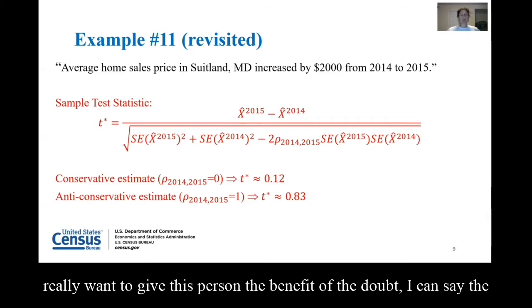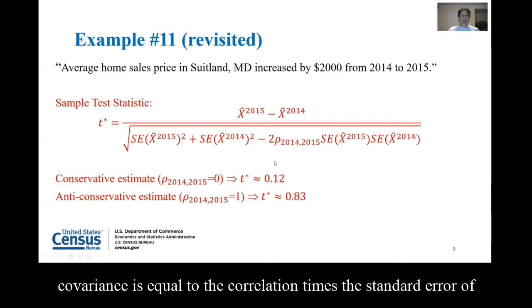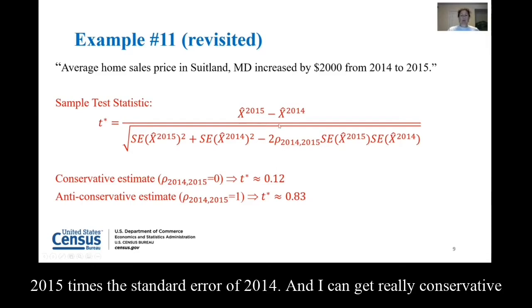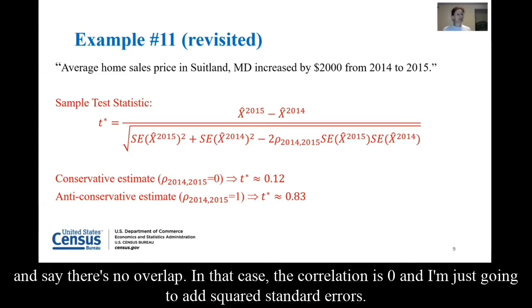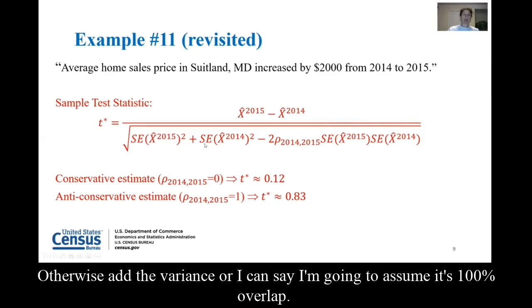If I really want to give this person the benefit of the doubt, I can say the covariance is equal to the correlation times the standard error of 2015 times the standard error of 2014. And I can get really conservative and say there's no overlap. In that case, the correlation is 0, and I'm just going to add the squared standard errors, otherwise add the variances.